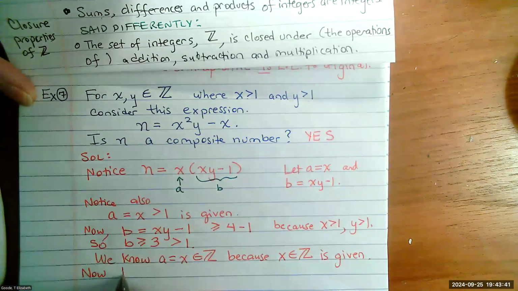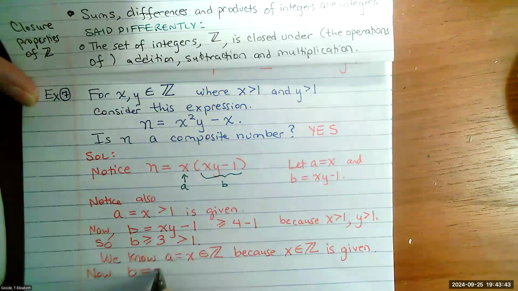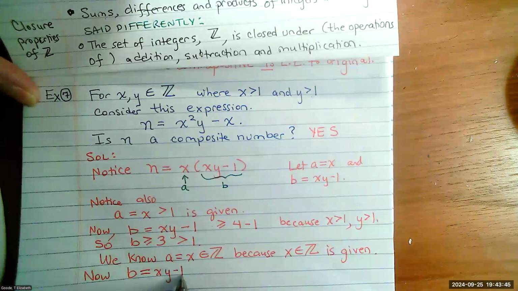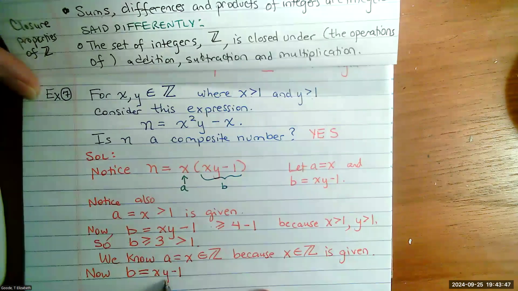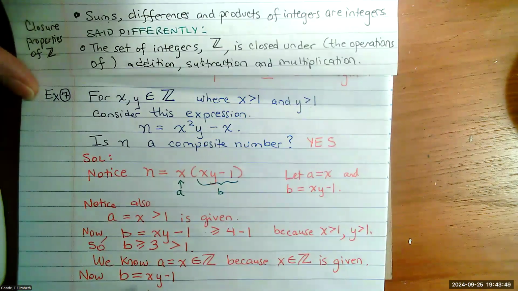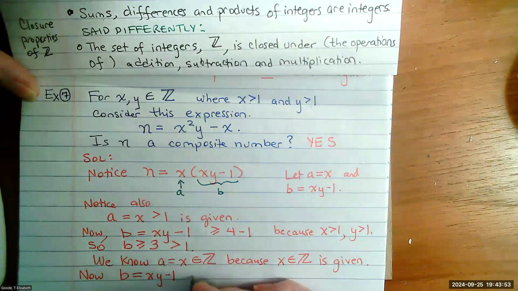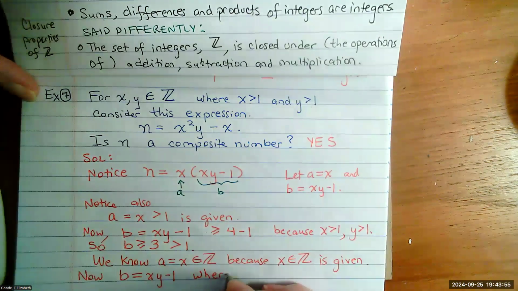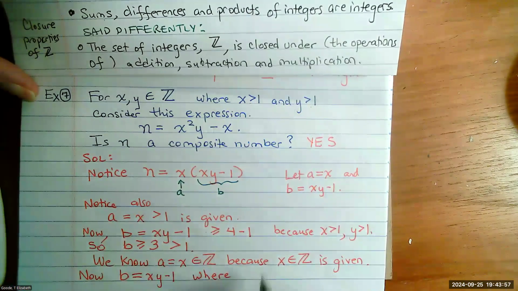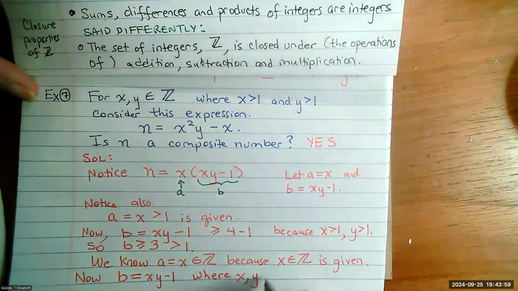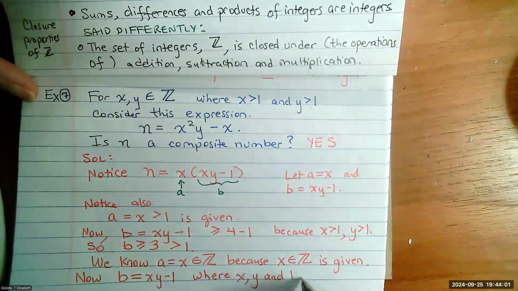Now, B equals XY minus 1. Well, hey, let's think about it. How is B being built? The pieces are X, Y, and 1, where X, Y, and 1 are integers, right?